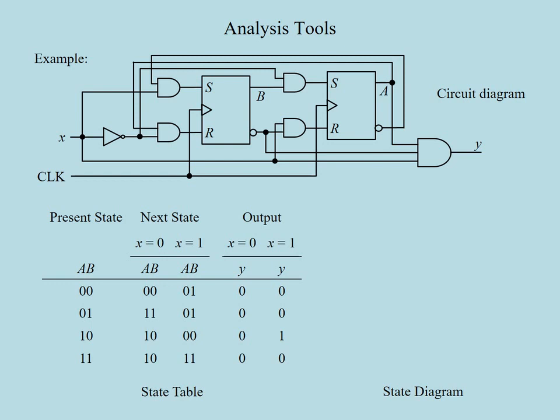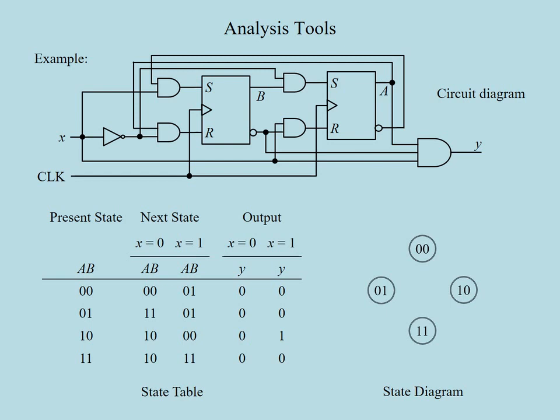diagram. We have 2 flip-flops in the circuit, and therefore the state of the circuit can be expressed in 2 bits. The first one being the value of A, and the second one the value of B. So we have 4 states which the flip-flop outputs can exhibit: 0 0, 0 1, 1 0, and 1 1.